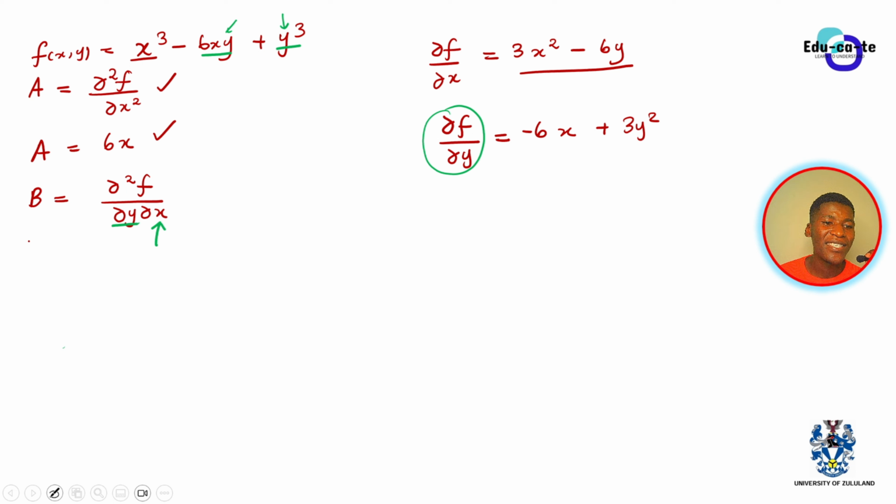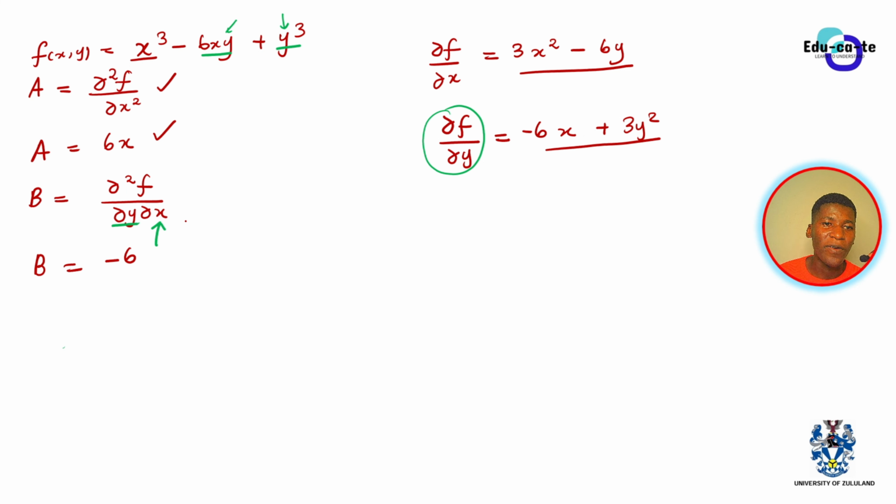So differentiating this in terms of x, you get that b is equal to negative 6.